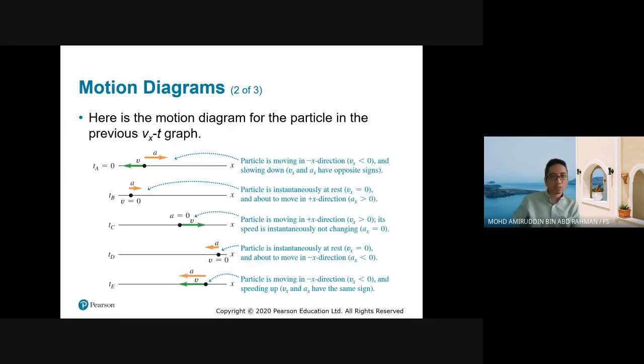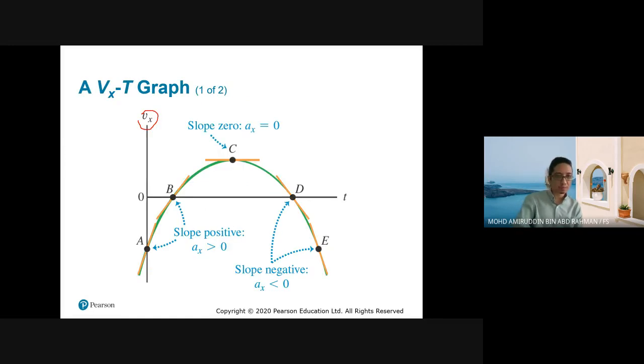So the particle is moving in the negative x direction and slowing down. Why is it moving in the minus x direction? Because the velocity is negative, as you can see.